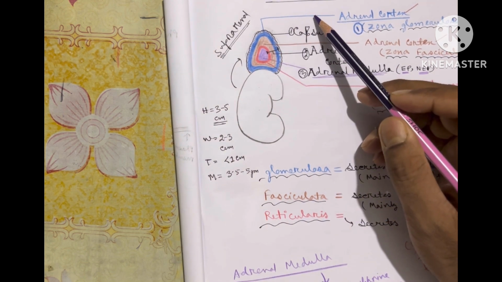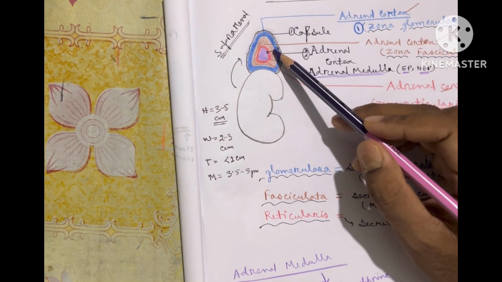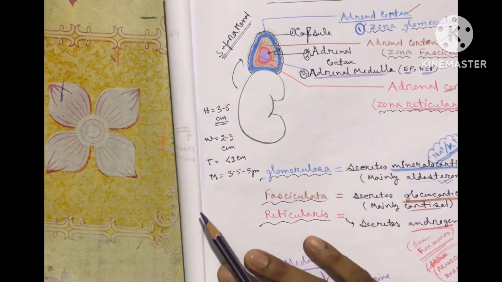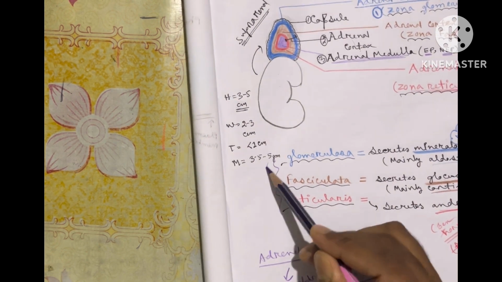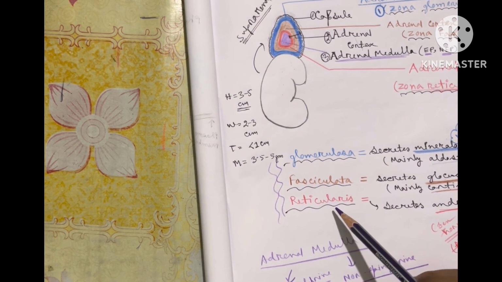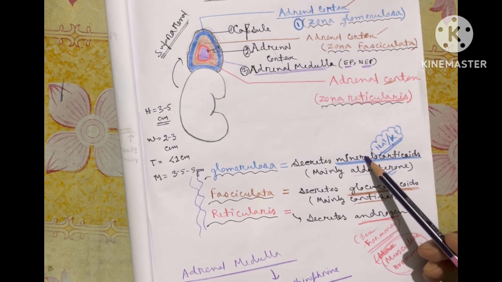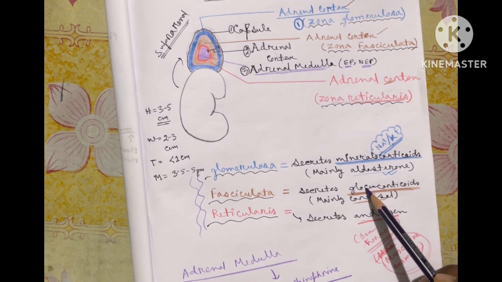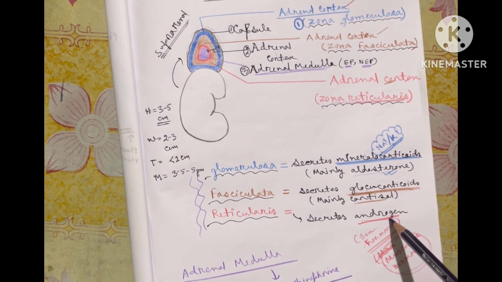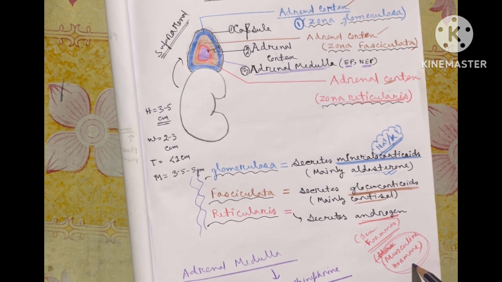Then towards the outside, we get red, brown and blue colors, which are collectively called the adrenal cortex. This is the adrenal cortex part: zona glomerulosa, fasciculata and reticularis, and their secretions. Mineralocorticoids because they maintain mineral homeostasis, glucocorticoids because they maintain glucose homeostasis, and androgens, some kind of sex hormones, mainly masculinizing hormones.